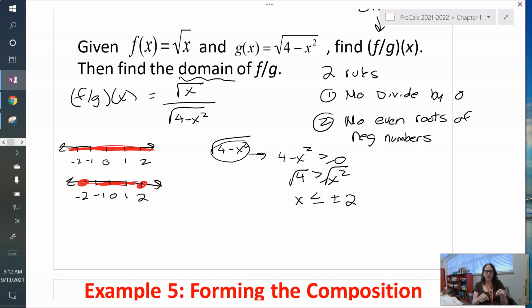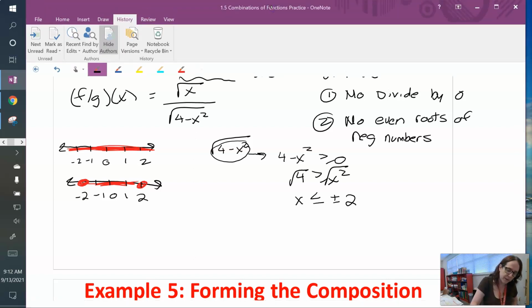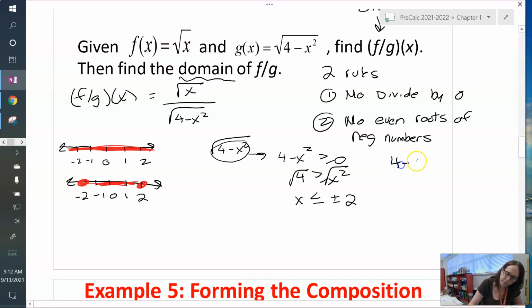The next thing I know, I'm just going to stay with the denominator for now, is that I'm not allowed to divide by 0. So when I take the square root of 4 minus x squared, 0 is not allowed. So the second thing I'm going to do is say that 4 minus x squared is not allowed to equal 0.